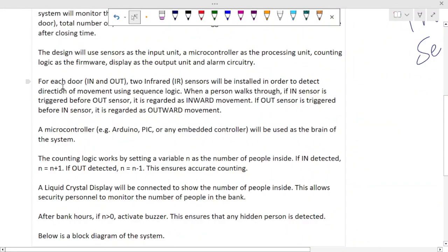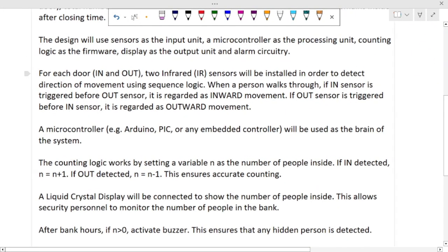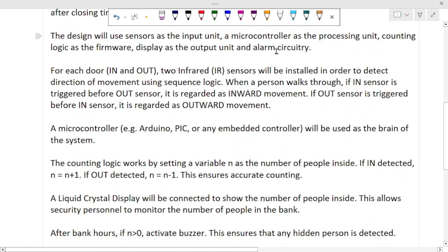So for each door, 2 infrared sensors will be installed in order to detect the direction of movements using sequence logic. When a person walks through, if the in sensor, like what I said, is triggered before out, it is regarded as what? Inward movement. If the out sensor is triggered before the in sensor, it is regarded as what? Outward movement.